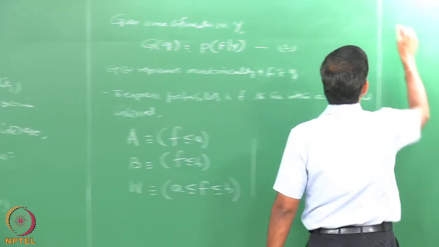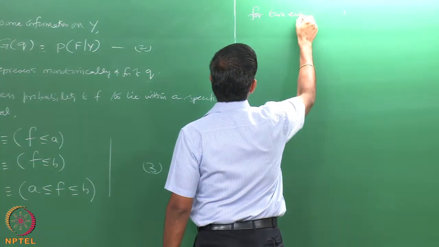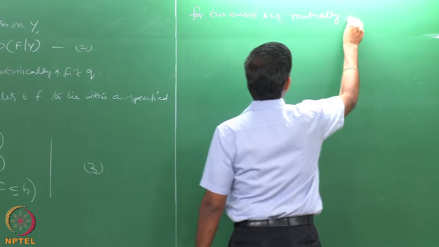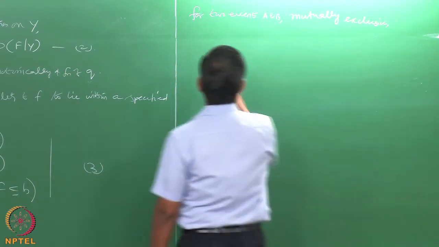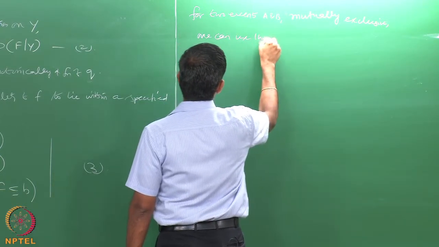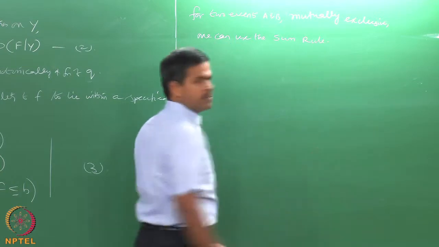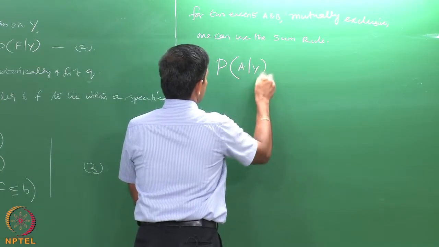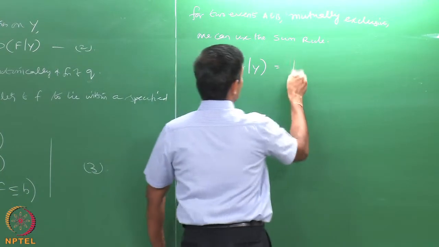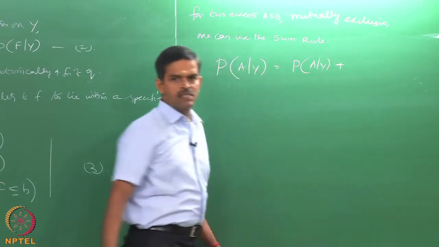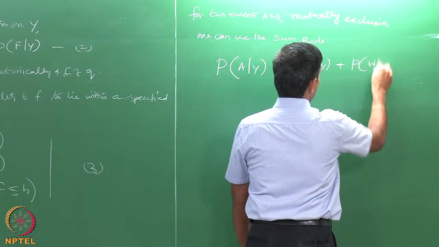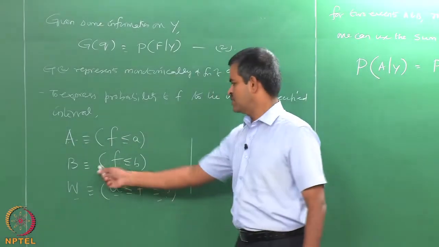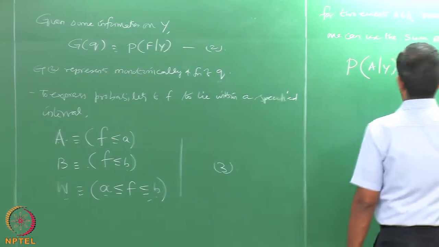So, now using the sum rule for two events a and b which are mutually exclusive, one can use the sum rule, and we can write that as probability of a given y can be said as probability of a given y plus probability of w given y, because w is an interval between a and b, and a is indication of and b is indication of this. So, let me call this equation number 4.